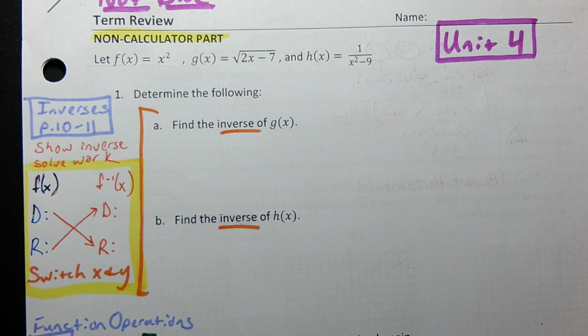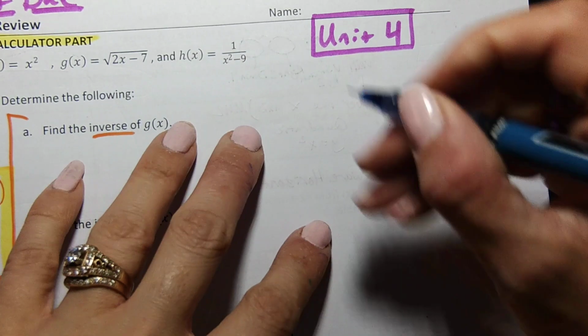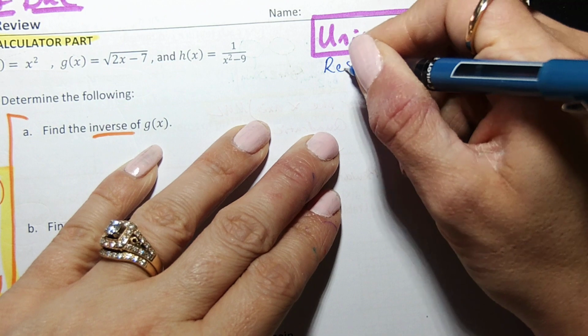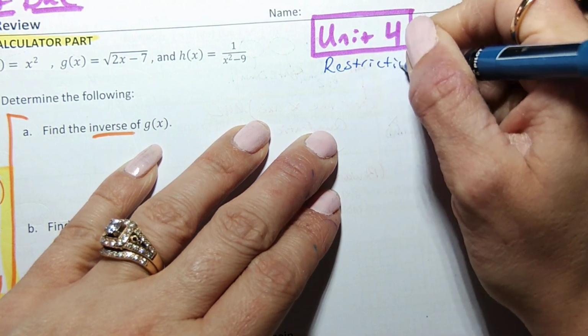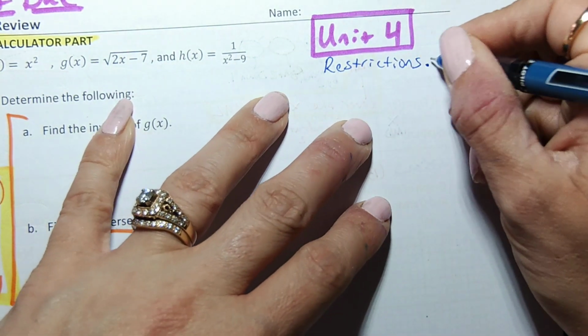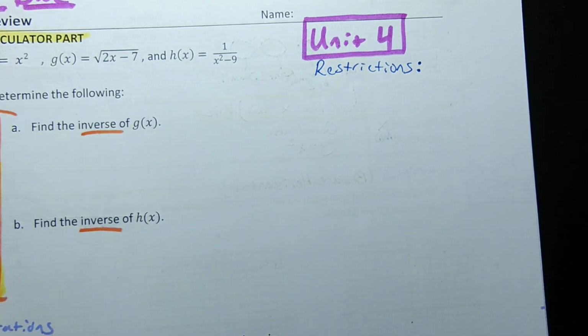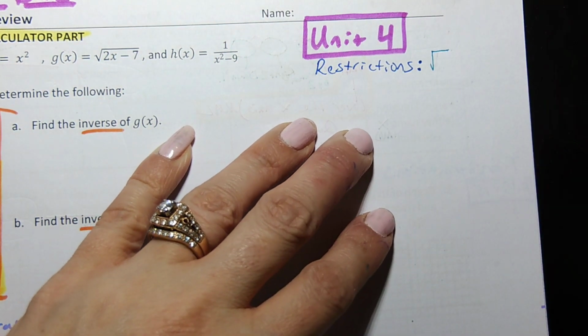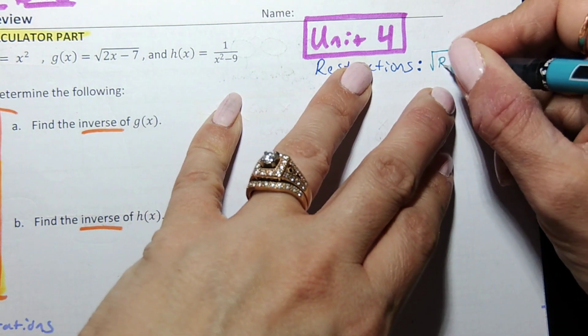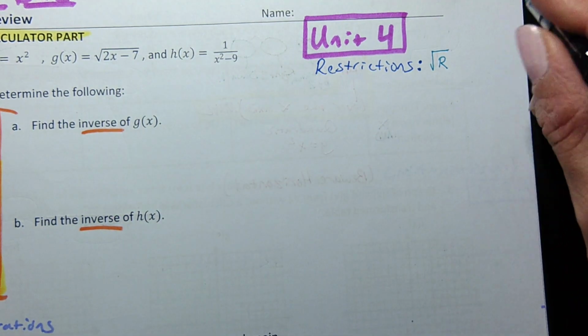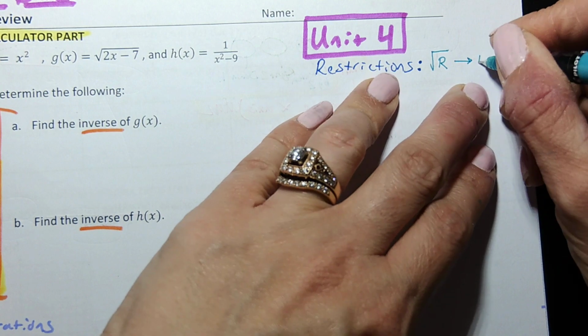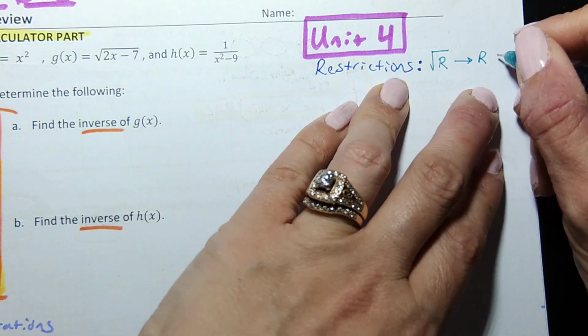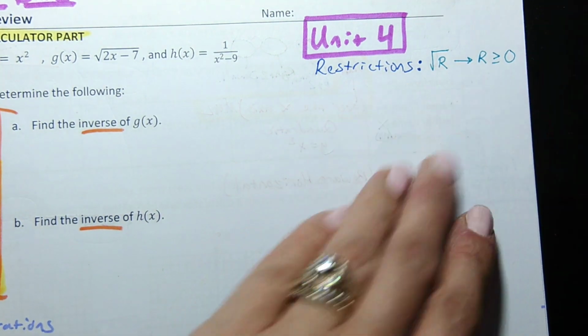So let's talk restrictions. In Unit 4, there were 2 types of things that gave us restrictions. The first is a square root. Square roots with the radicand under the square root yield a restriction because the radicand has to be greater than or equal to 0.